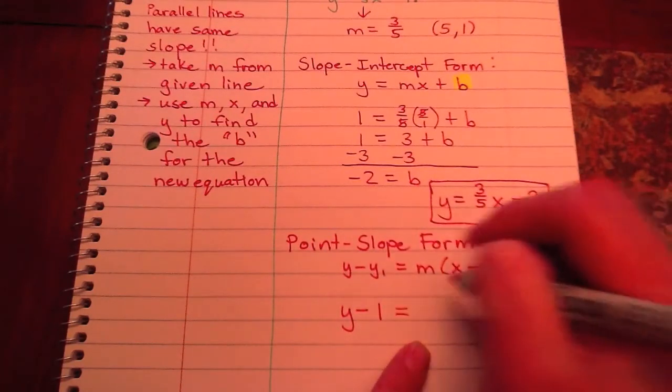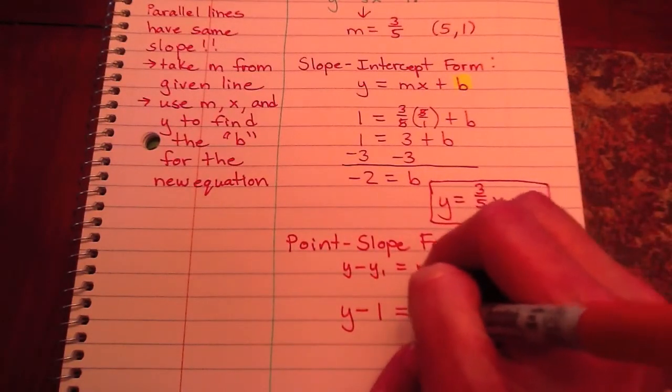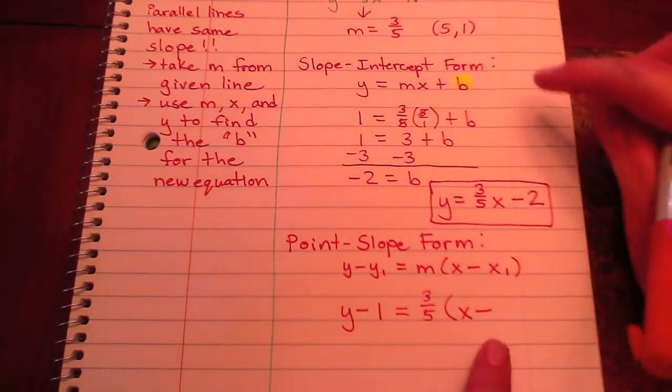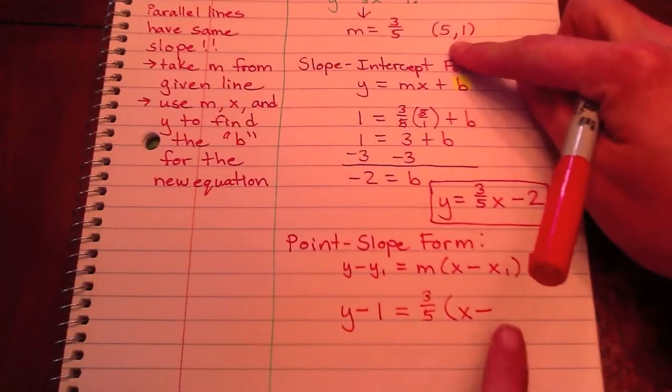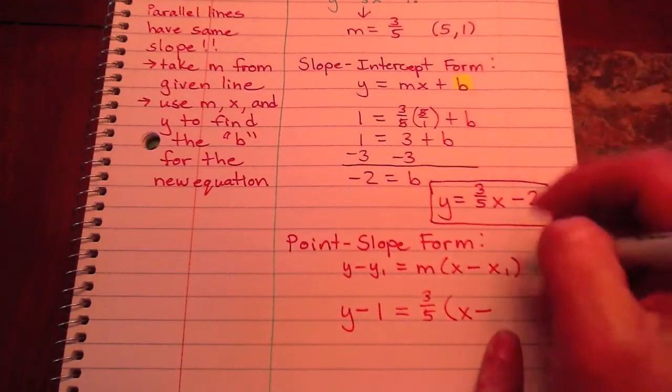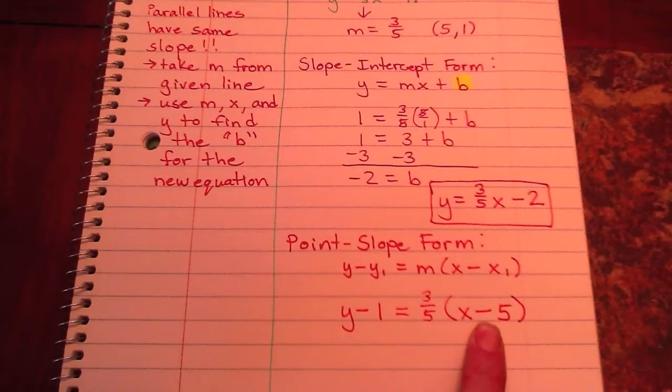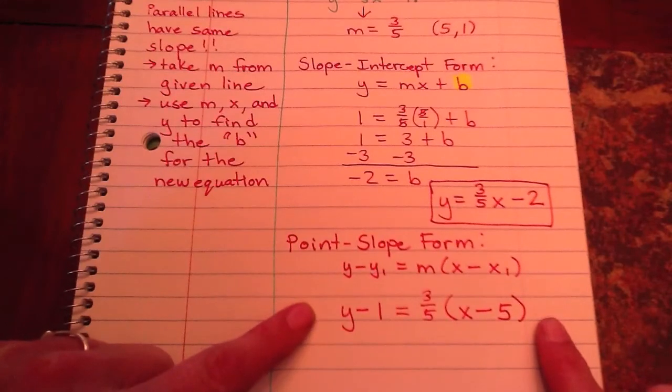Equals my m, which is 3 over 5, and then parentheses x subtracting, and now I go check again. This is positive, so all I have to do is put a +5 there. If that had been a negative, this would actually be a negative, which would become +5. Okay, this is your answer written in point-slope form.